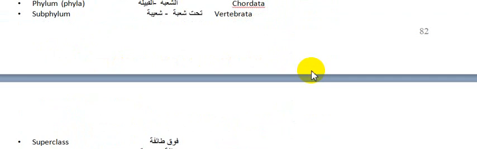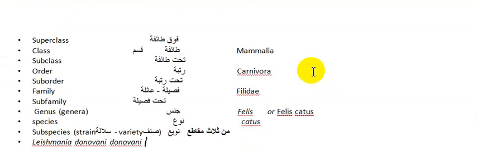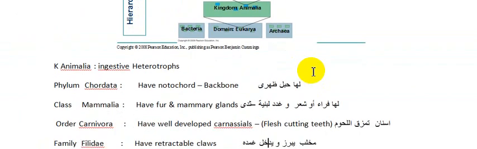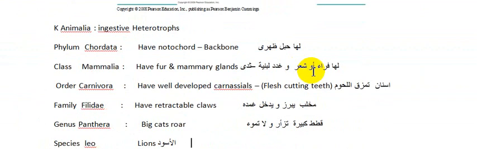This is an example of the taxonomy of the cat. You start with kingdom Animalia. It means ingestive heterotroph; they do not produce their own food. Phylum Chordata have a notochord or backbone or vertebral column.